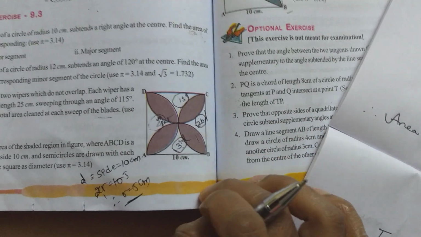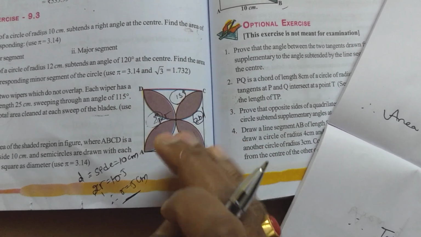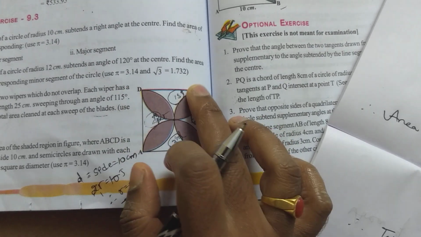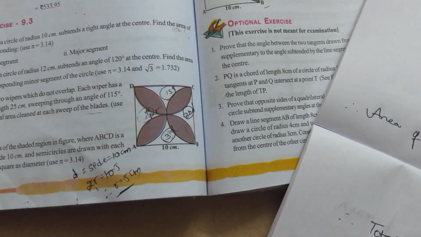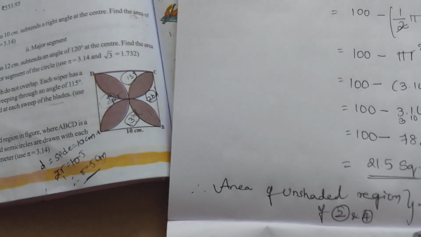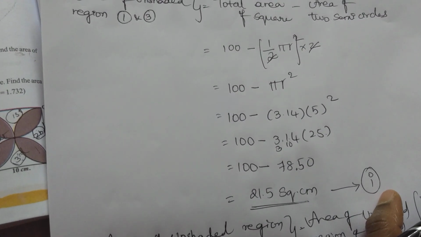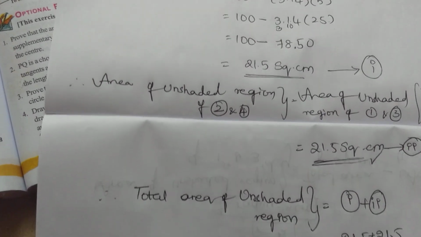So it's better easy to find first unshaded region part. After that subtracting the unshaded region part from the total square area, obviously you'll get the shaded region area. Clear? So this is very simple question. Okay, so this is very important as per your exam point of view also. So I hope the explanation is clear.